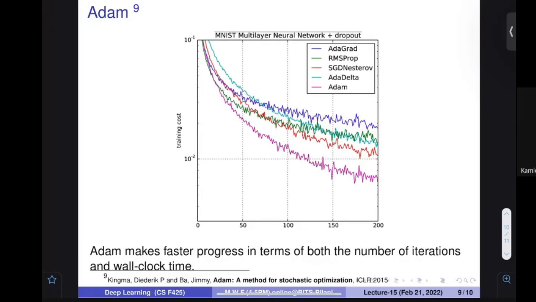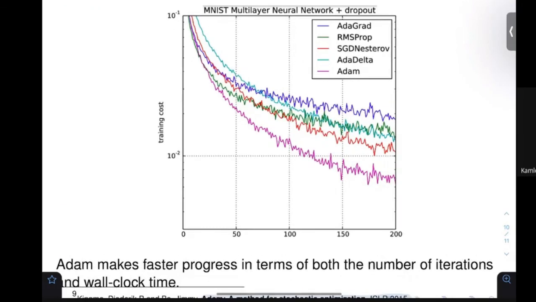This is a kind of graph shown in the same paper, the paper that appeared in ICLR 2015, ADAM: A Method for Stochastic Optimization. You can see that the comparison with all the methods is provided there.